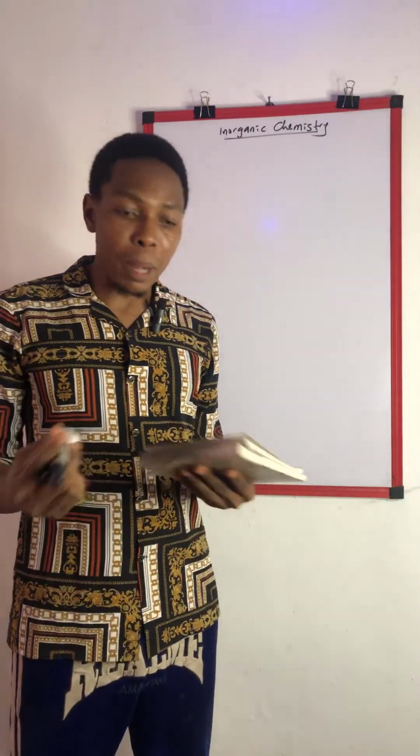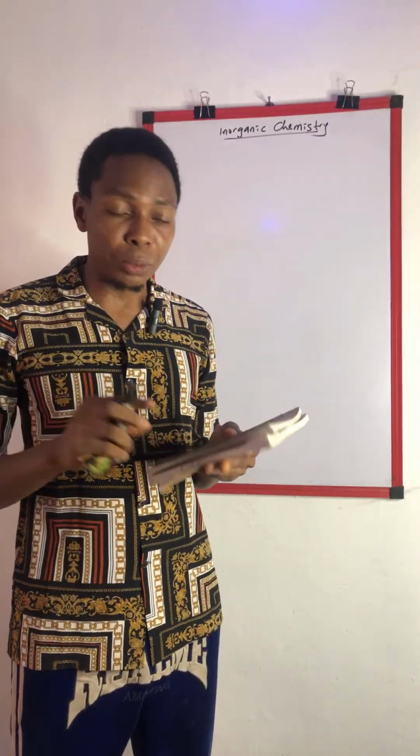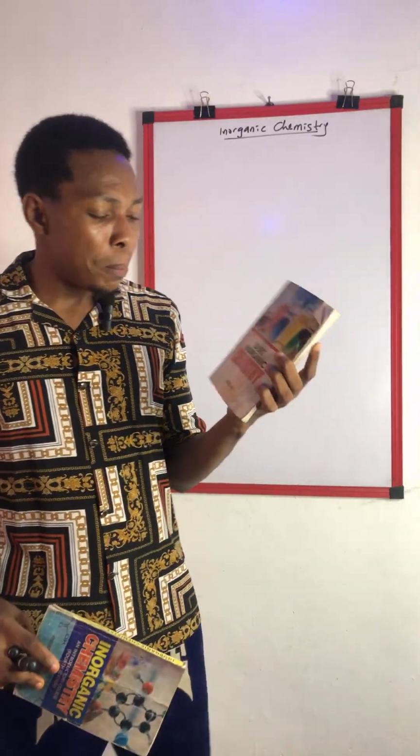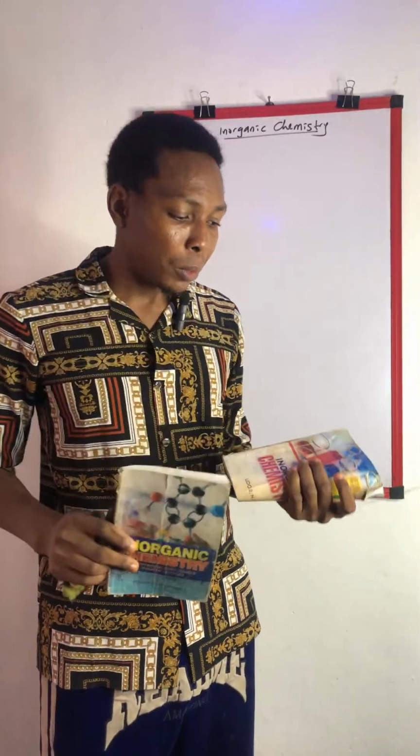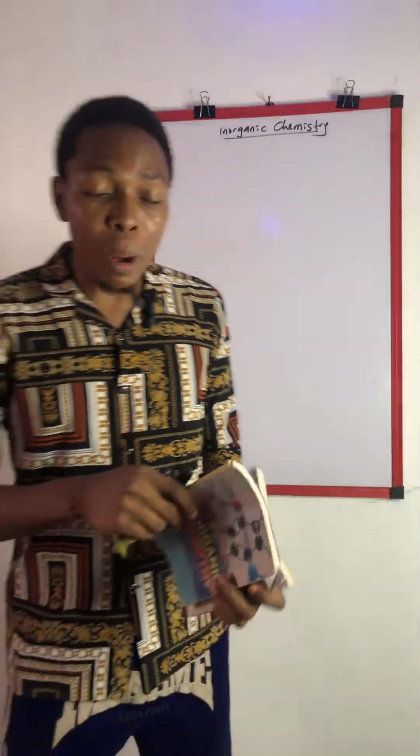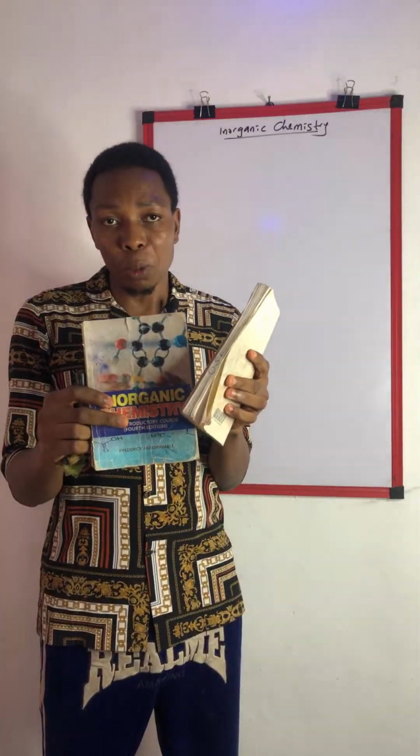Remember I told you that you are having two textbooks for this. We have the basic inorganic chemistry, which is this, and we also have the inorganic chemistry, introductory course, which is the fourth edition. We've gone a little bit far in this one, and this one we've just taken a little of it. Both contain similar but different contents, different contexts.